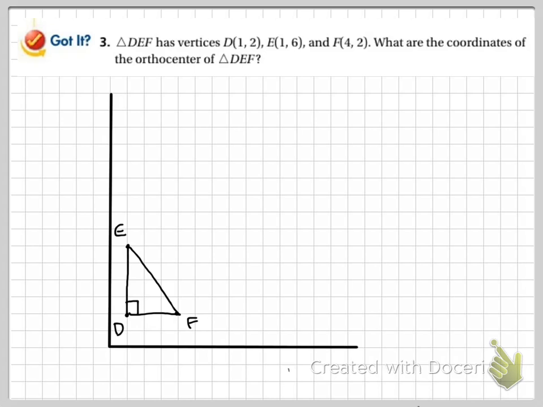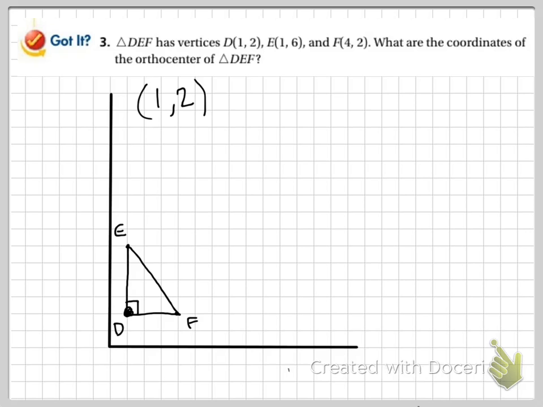You can see this is a right triangle. Where did I say the orthocenter is always located in a right triangle? Always at that vertex where the right angle is. So our orthocenter is at 1, 2.